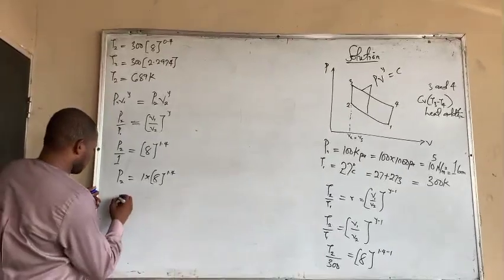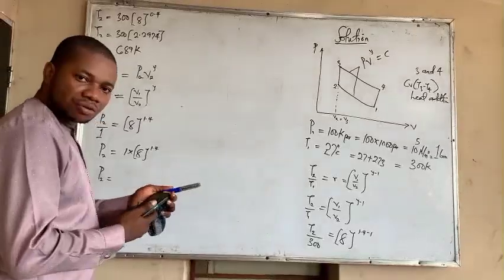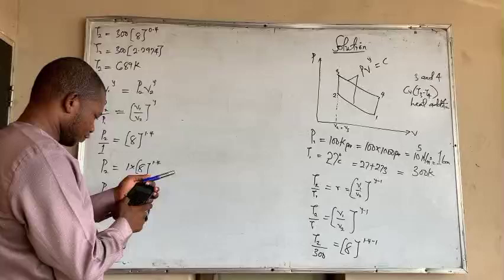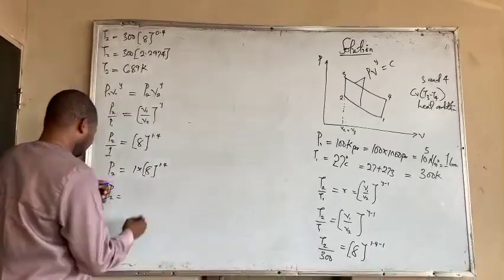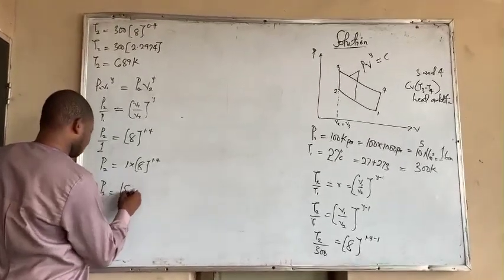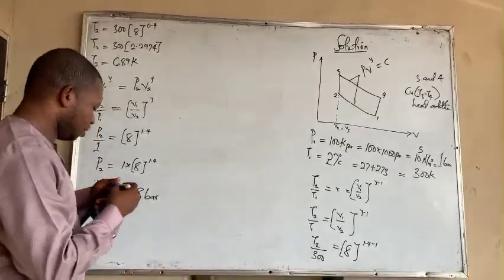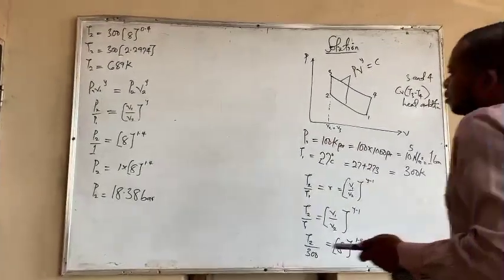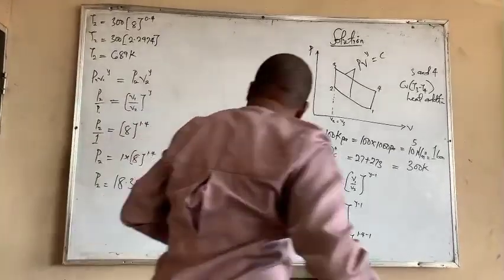Let me check the value of 8 raised to the power 1.4. That is 18.38 bar. That is for P2.